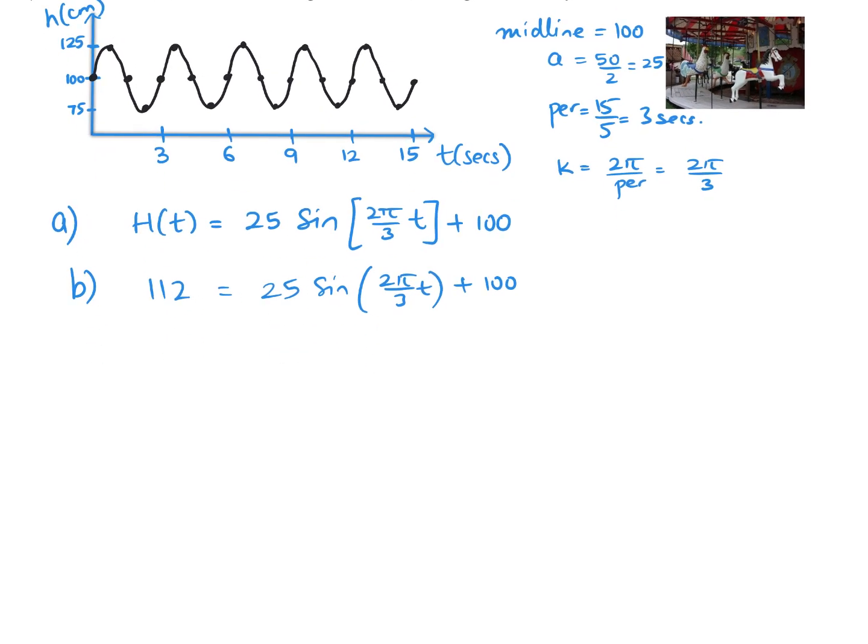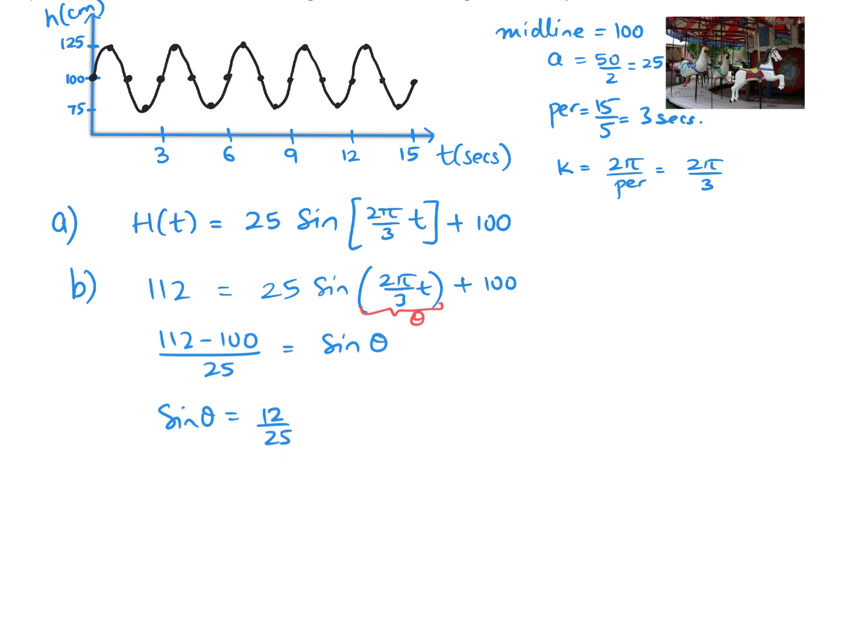Rearrange the equation for sine of 2 pi over 3t. So let's get rid of the 100 and the 25. So 112 minus 100 divided by 25 equals sine theta. I'm just going to rewrite this value as theta. So we're going to solve for theta from here. So sine theta will be 12 over 25.